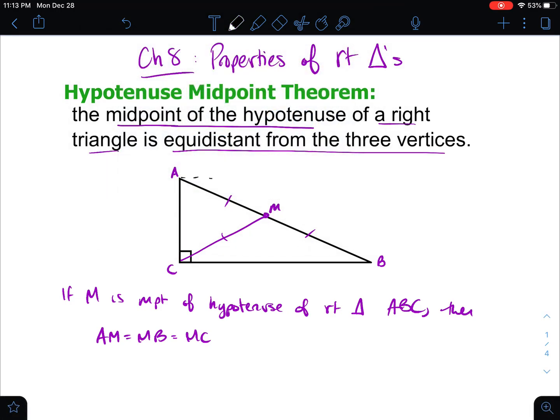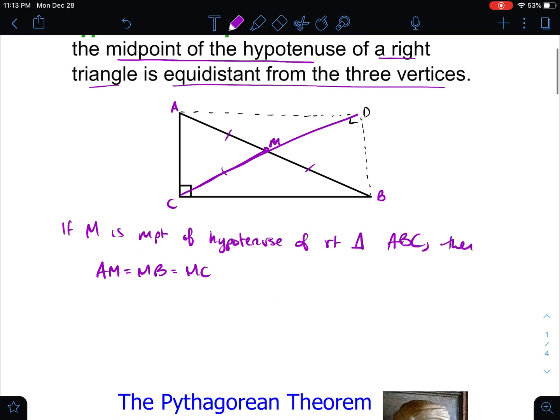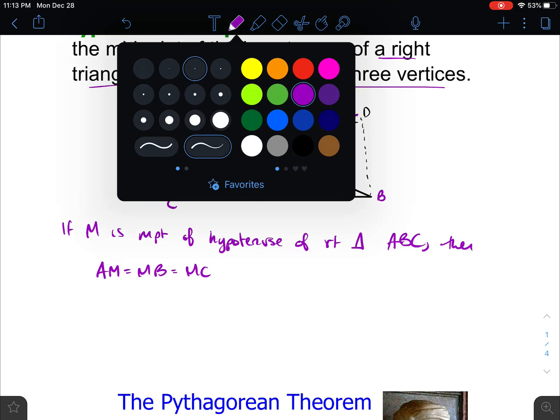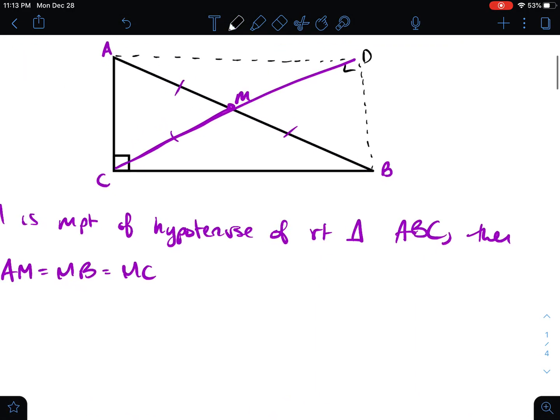I'm not going to prove this per se, but if I were to duplicate triangle ABC along that same line, you would all agree that this is an imaginary rectangle ABCD, and that this length would actually be the diagonal of ABCD.